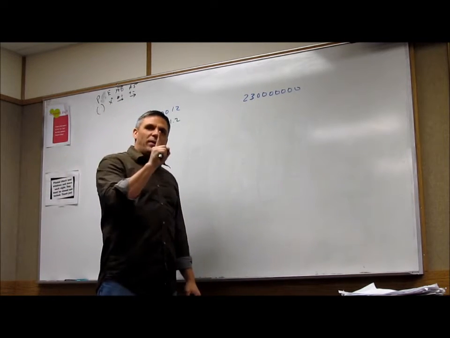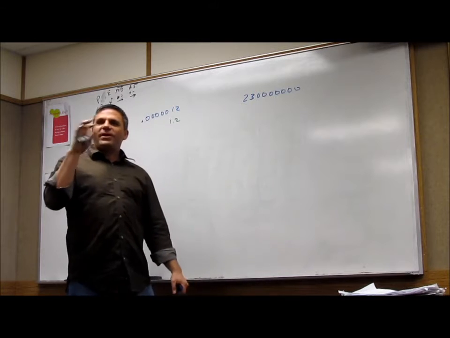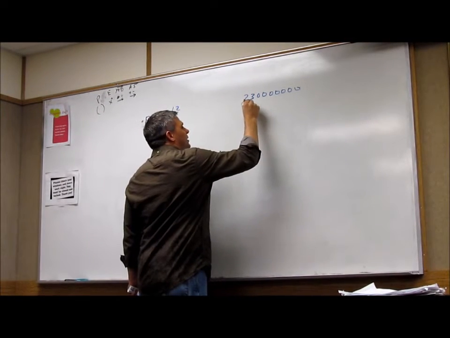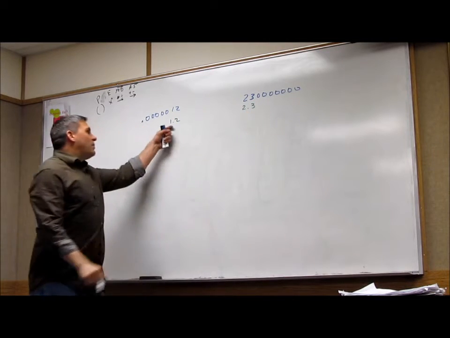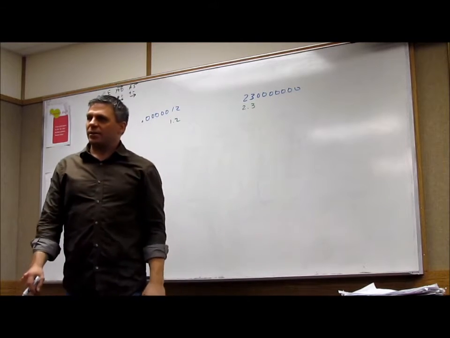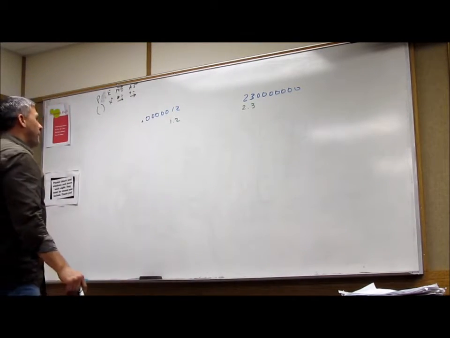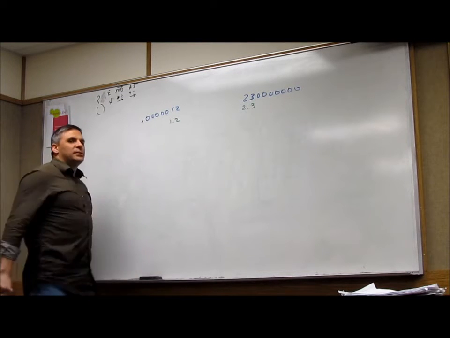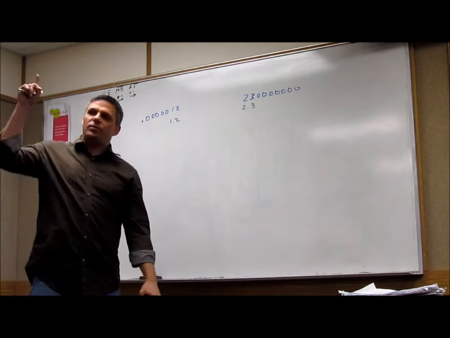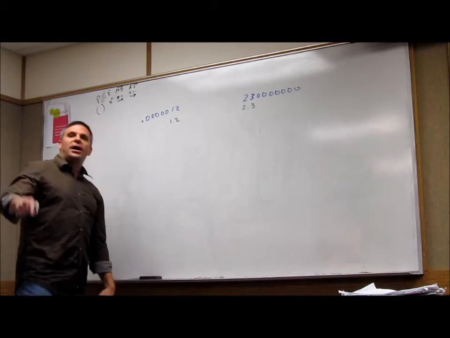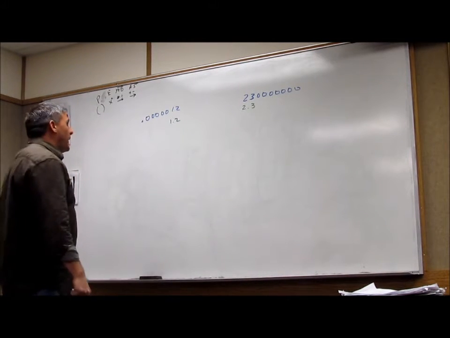So in this case, I have a 1.2, and in this case, I have a 2.3. So, right off the bat, you write the number as a number between 1 and 10, which is actually 1 through 9.